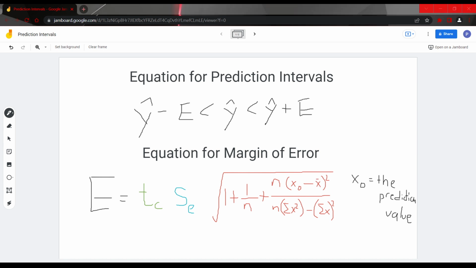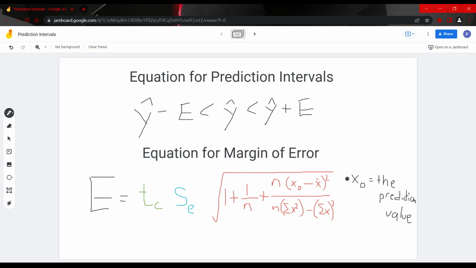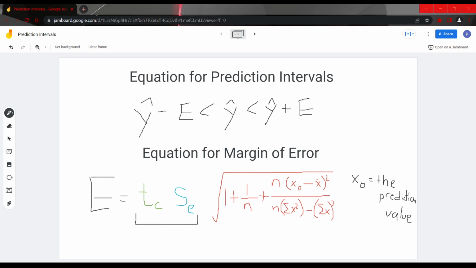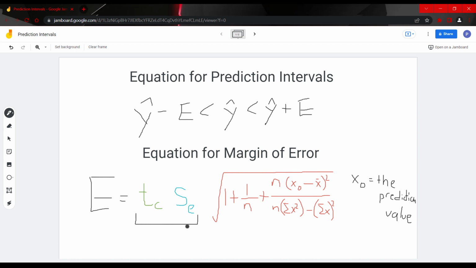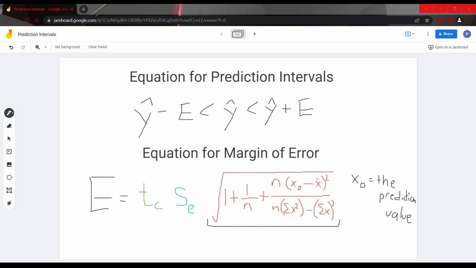x bar, anytime you see something with a bar on top, that's the average. So that's just the average of x. These first two values we can do through Google Sheets. That's not too big of an issue. However, this back part, it might be more convenient to do by hand with a calculator.